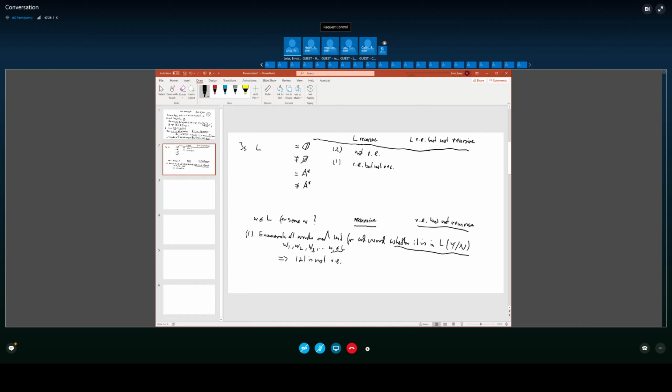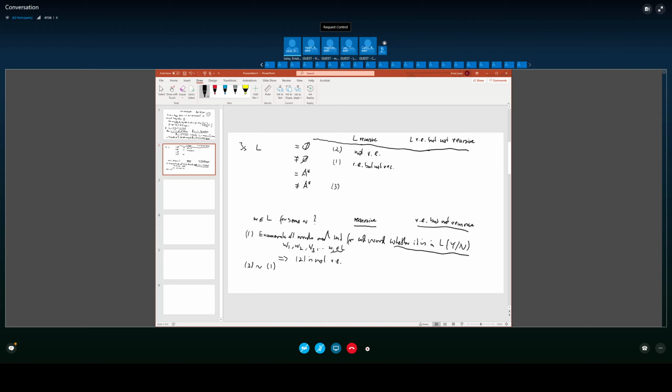And if you now play the same game with the other 2 questions, well, here you want to find, so if this is number 3, it is very similar to number 1.